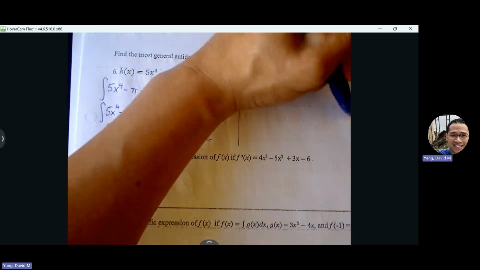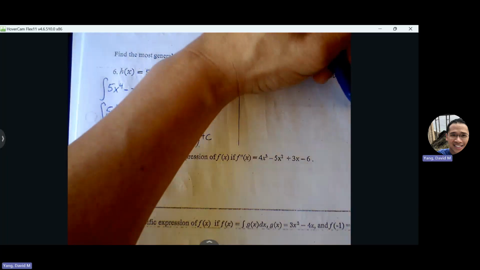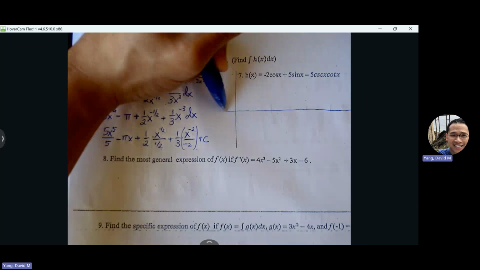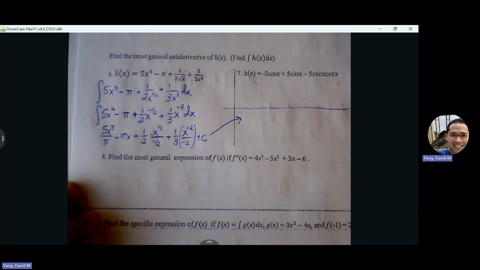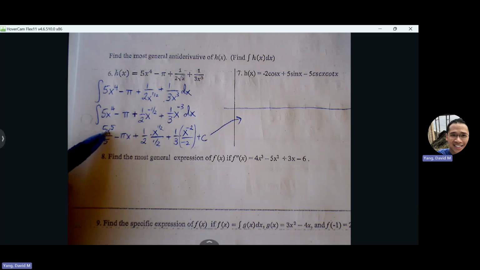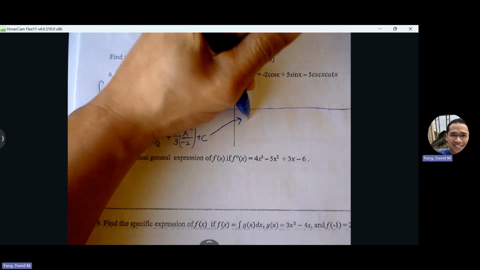I'm going to bleed into the next problem here. The next problem is not going to use a lot of space because you're just going to find the integral. So I'm going to just do the cleanup here. 5 cancels out.